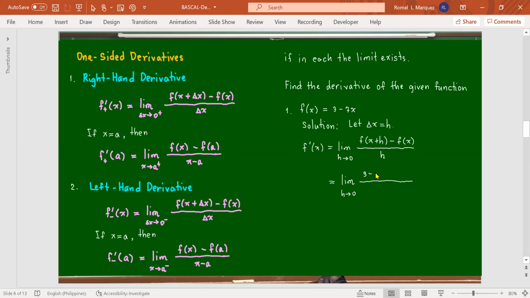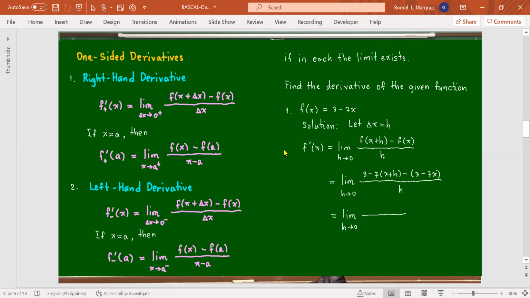You substitute 3 minus 7 times x plus h, minus f of x. Ano yung f of x? 3 minus 7x. Okay, guys? And then just simplify. What is the simplified form of the numerator? What are those quantities that will cancel?